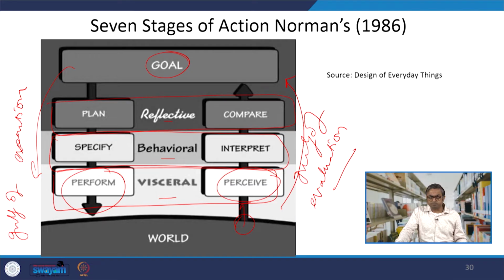Moreover, the interpretation, how one is interpreting the current scenario or situation. If a goal has to be reached, towards the goal there are a number of actions.